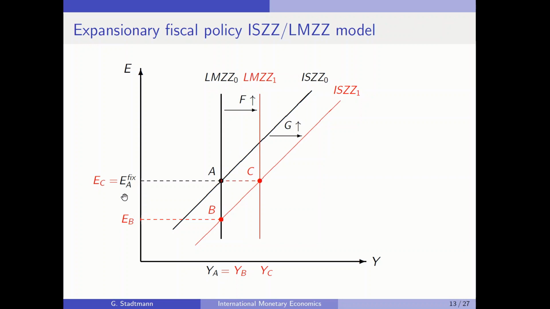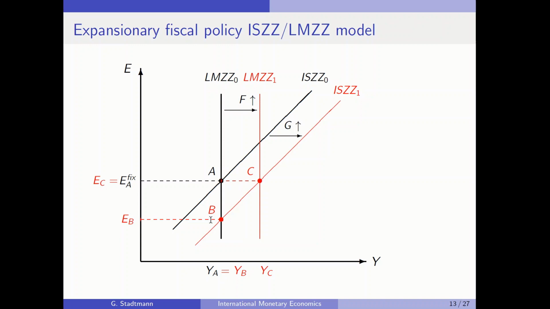In this graph, the exchange rate is indeed fixed at the level EA, and we can see the effects on GDP. GDP increases. So this exchange rate induced crowding out effect, which is present in a floating exchange rate system, does not pop up because the exchange rate is fixed.